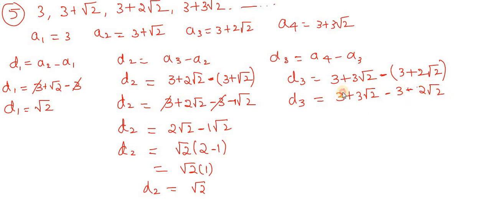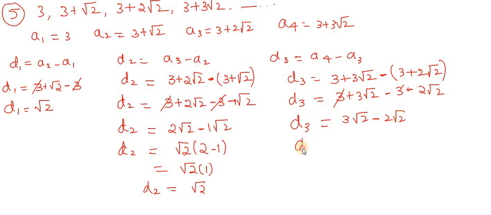Now here plus 3 minus 3 get cancelled. d3 is equal to 3 root 2 minus 2 root 2.